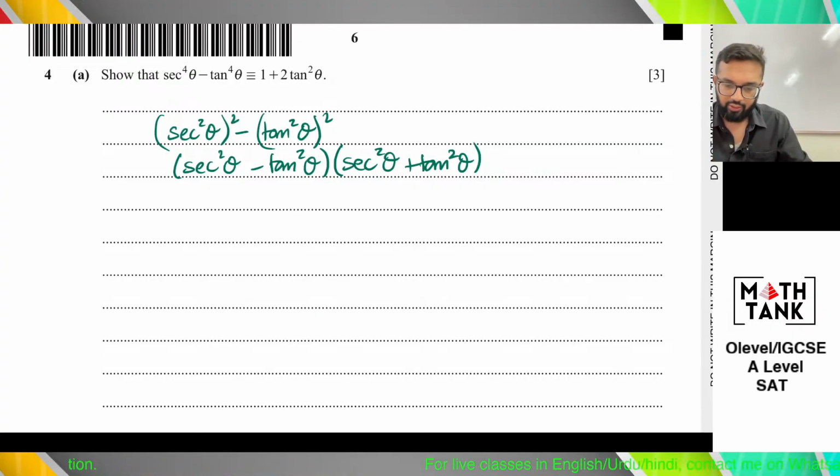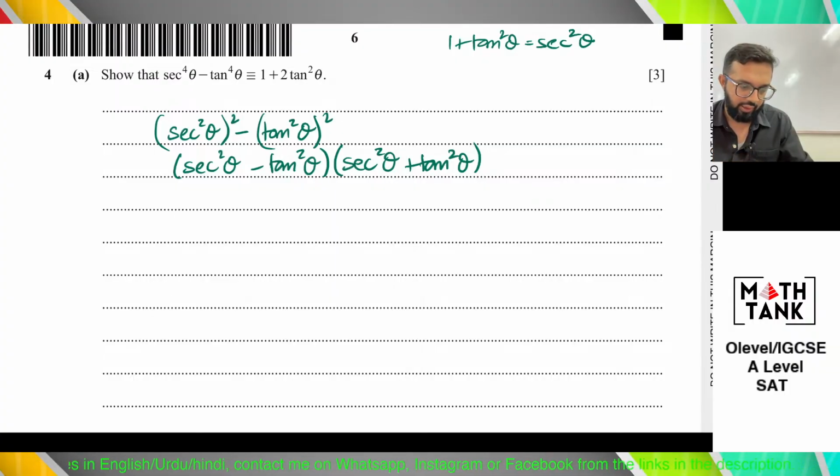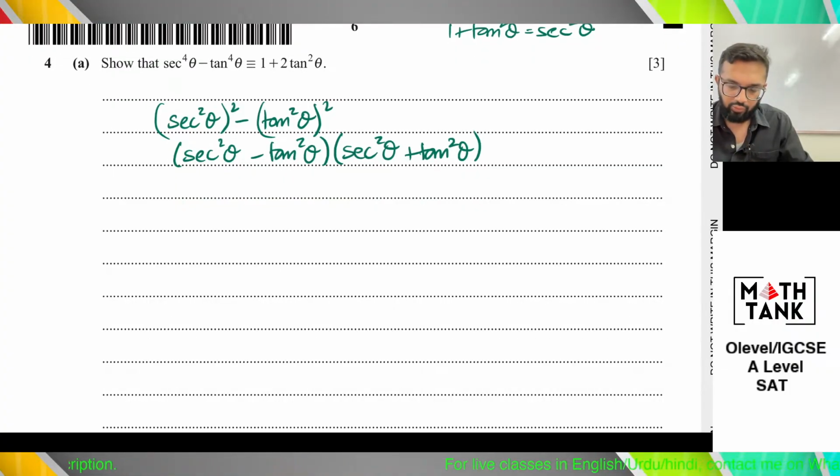Okay, so there is an identity that says 1 plus tan square theta equals sec square theta. That means that this should equal 1, and I have sec square theta plus tan square theta here.